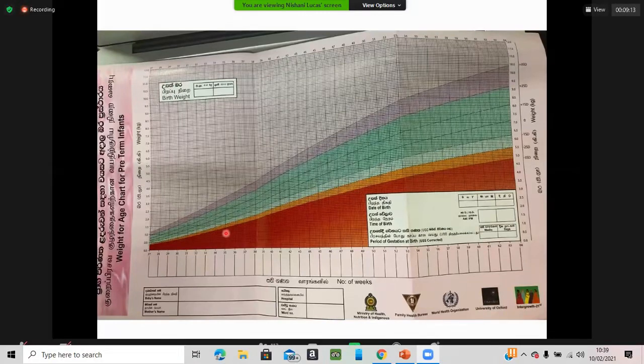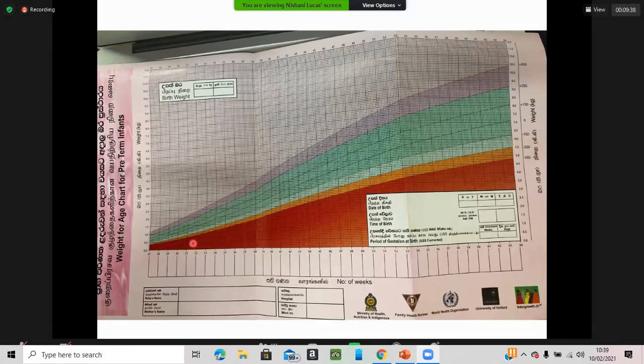So 35 weeks, I'm showing you the chart. 35 weeks, 1 kilo is here. So I'm keeping the pointer here. Is the baby small for gestational age according to this chart? Yes or no? Yes. Okay.